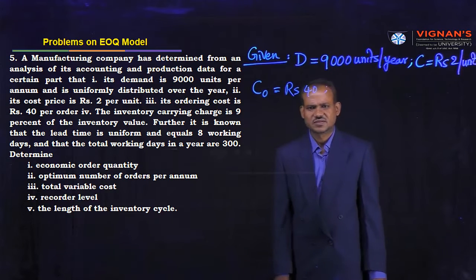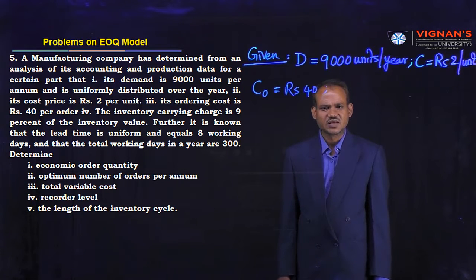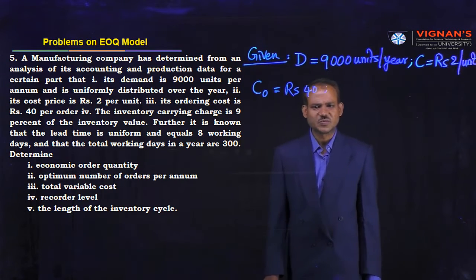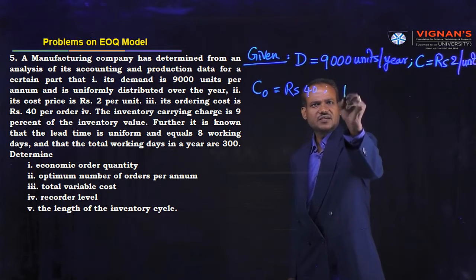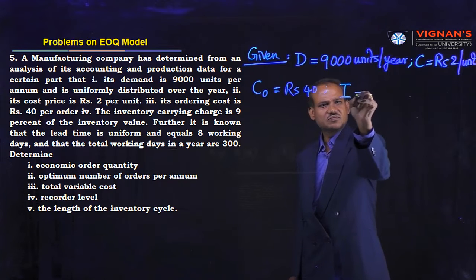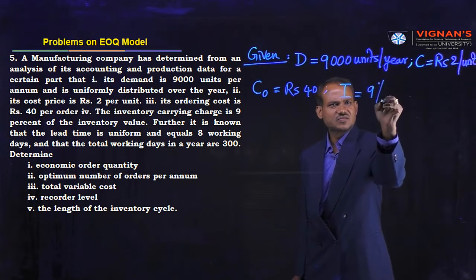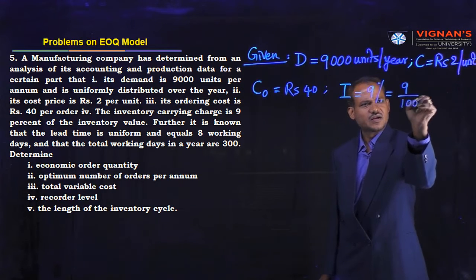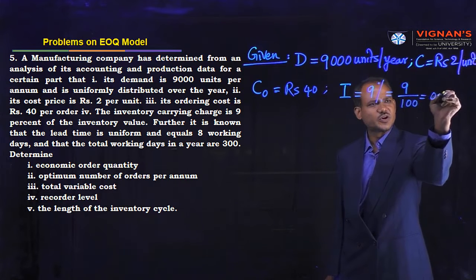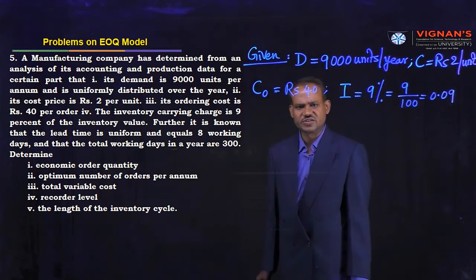Next, the inventory carrying charge is 9% of the inventory value, that means stock value. Therefore, simply you can assume I value is given as 9%. 9% means 9 by 100, 0.09. I value is given.